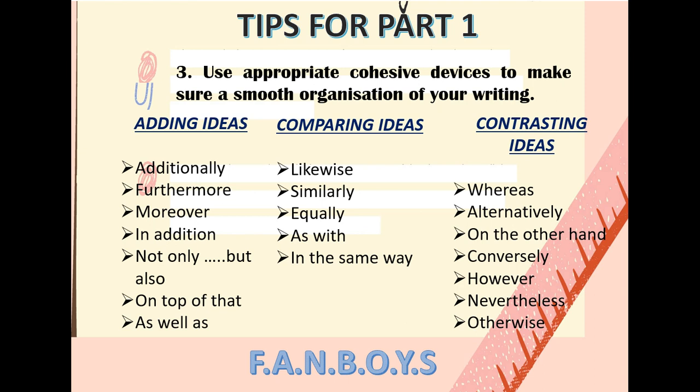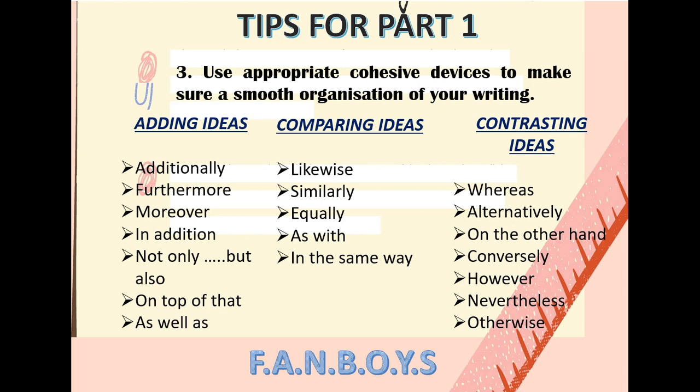So this is also to make it easier for the examiner or for your teacher to assess your email. You can use the following connectors to make sure your essay is more coherent. Okay, remember, this is the easiest part in your paper too.